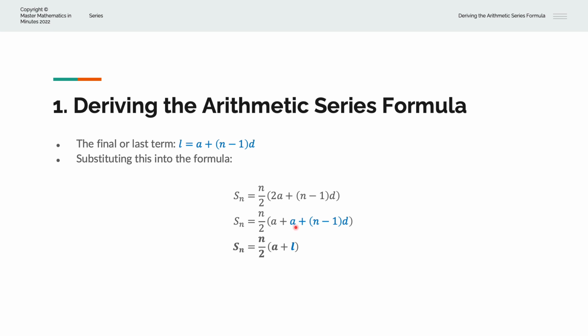With a plus (n minus 1)d, we can rewrite that as L, and all of the terms remain unchanged. So Sn is equal to n over 2 into (a plus L). That is the second formula for the arithmetic series.